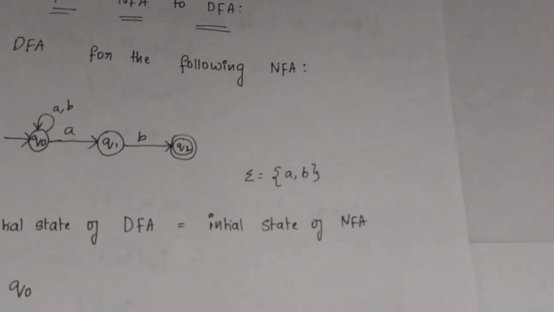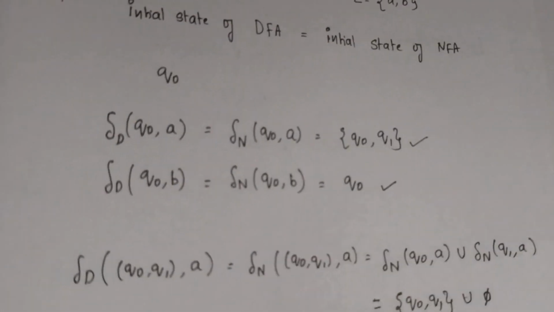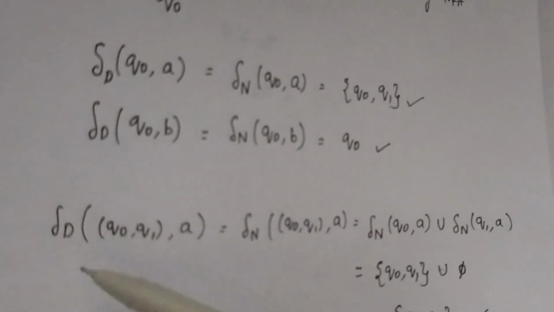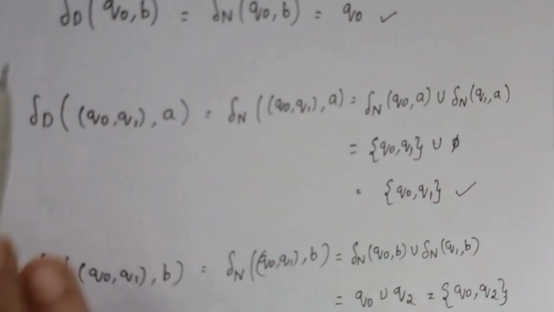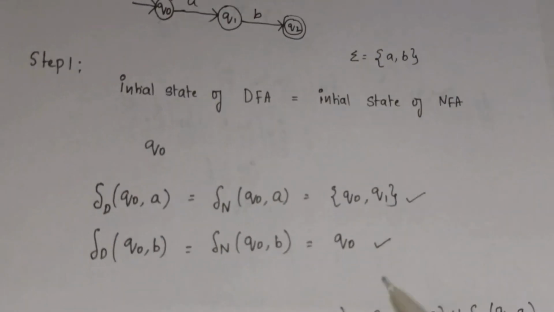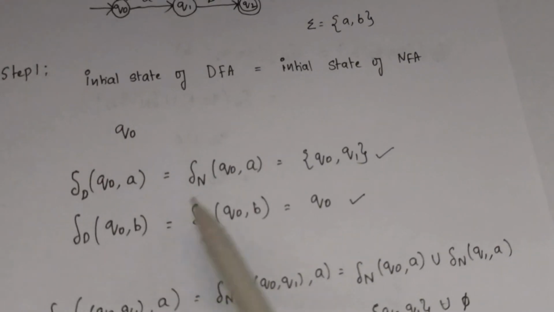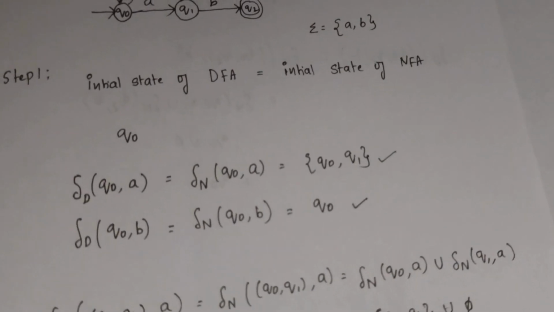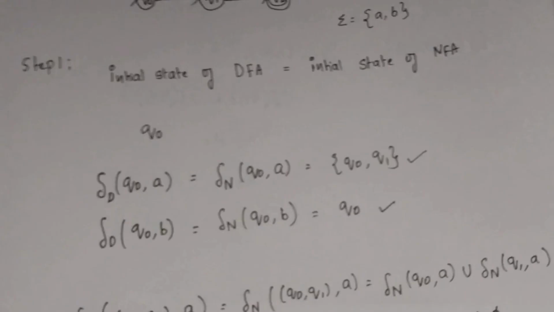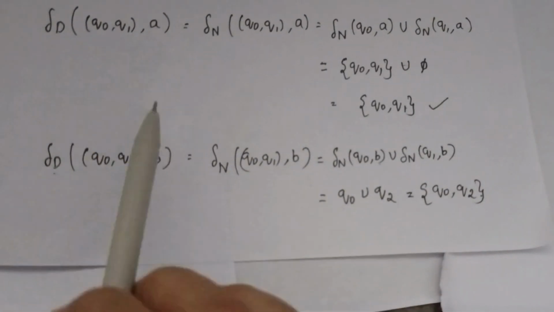Now we will check here. Delta Q0 on A and B, we got Q0, Q1 and Q0. Now Q0 is having a transition with A and with B. So this is done, and we have put a tick mark. Next, Q0 also is having transitions with A and B, so we have put a tick mark. Next is Q0, Q2. See here, Q0, Q1 on A and B is done.